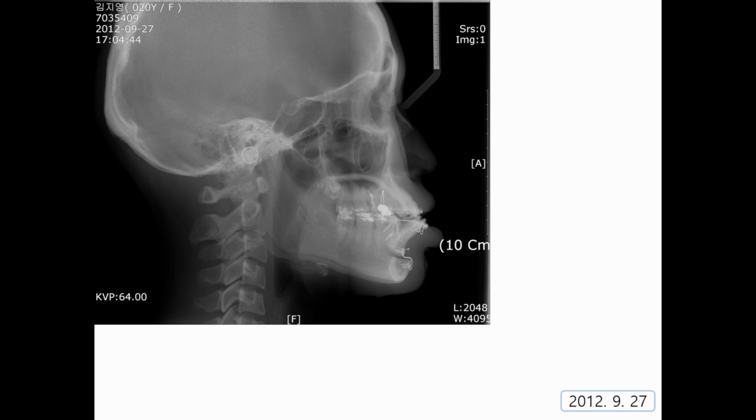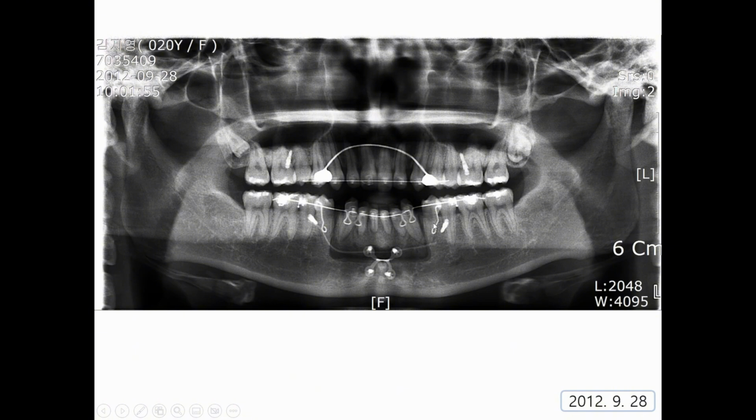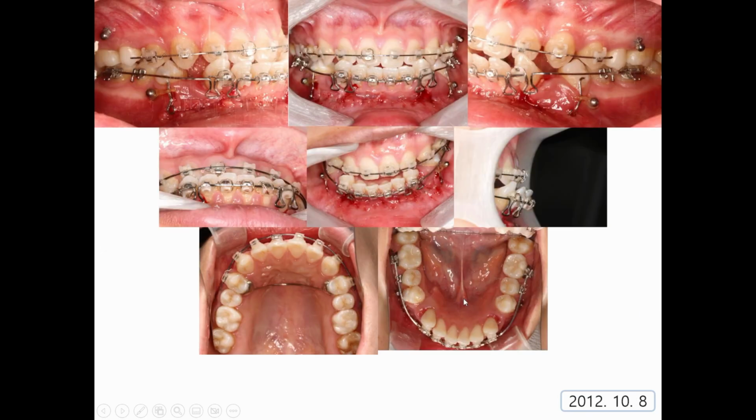So a full continuous arch wire here. So this is the arch wire engaged like this. After surgery, the crossbite is still there. It's an unbelievable result.